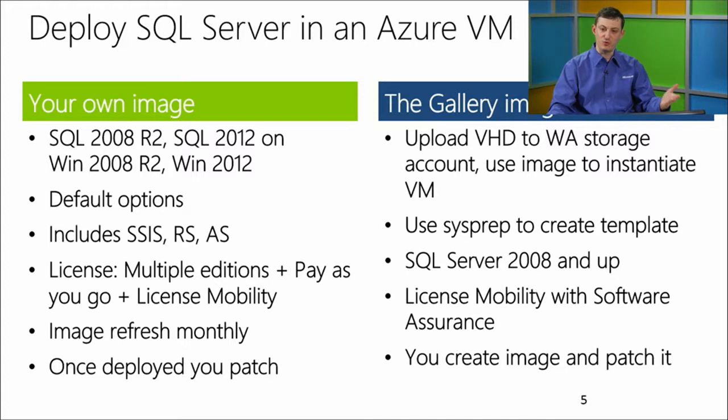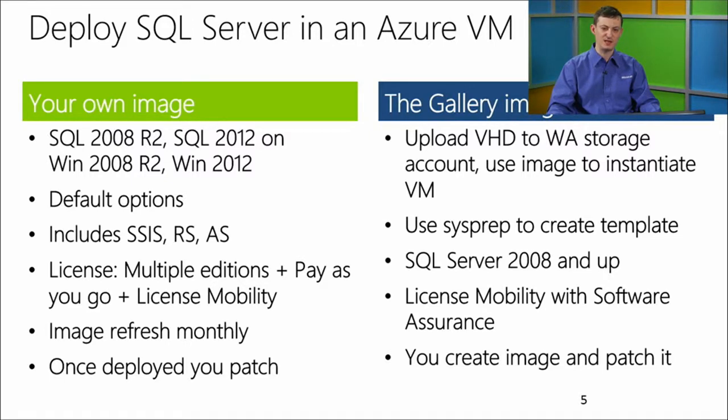But once you deploy the VM, you own that VM, so you are responsible for patching it. That's slightly different when you're using your own image, because obviously you're responsible for both creating the image, patching it when you need to, and patching the VM when you provision it.